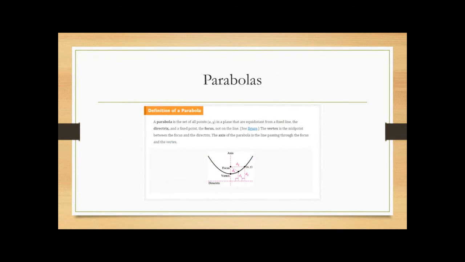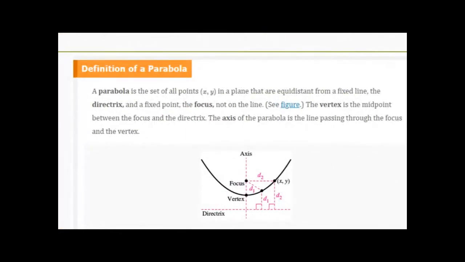So the parabola. We've seen parabolas in college algebra, and it is defined as the set of all points in a plane that are equidistant from a fixed point and a fixed line, the directrix. So the distance from the line is going to be the same distance no matter what.